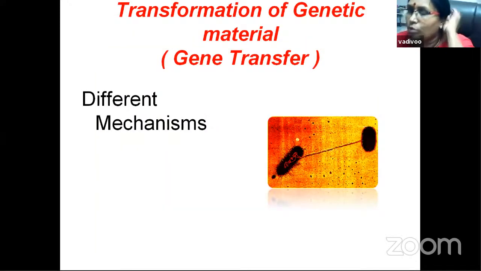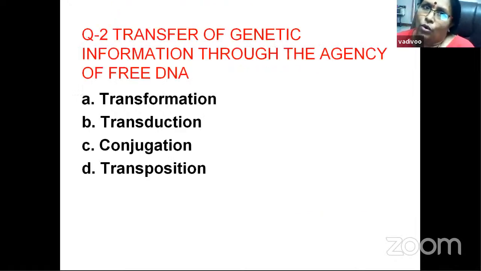So next we go to how genes are transferred. Transfer of genetic material is by different methods. So here is the question: transfer of genetic information through the agency of free DNA.